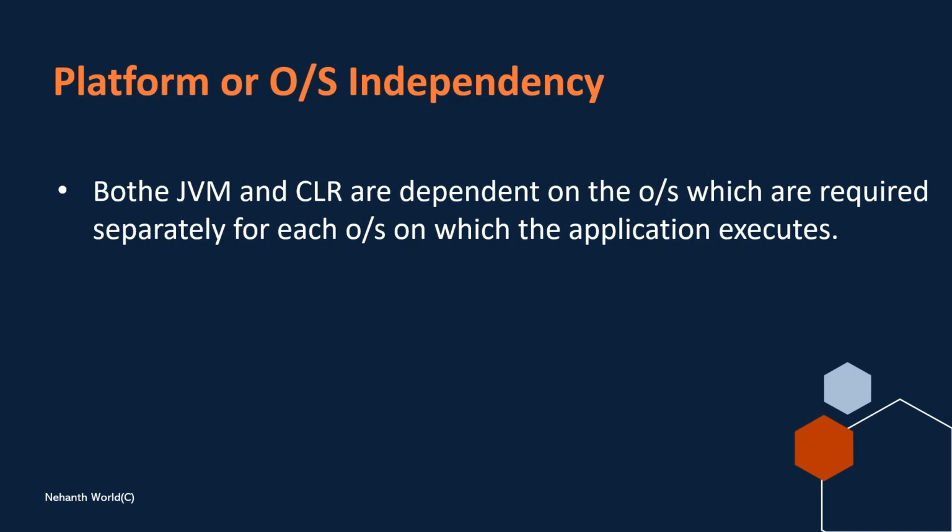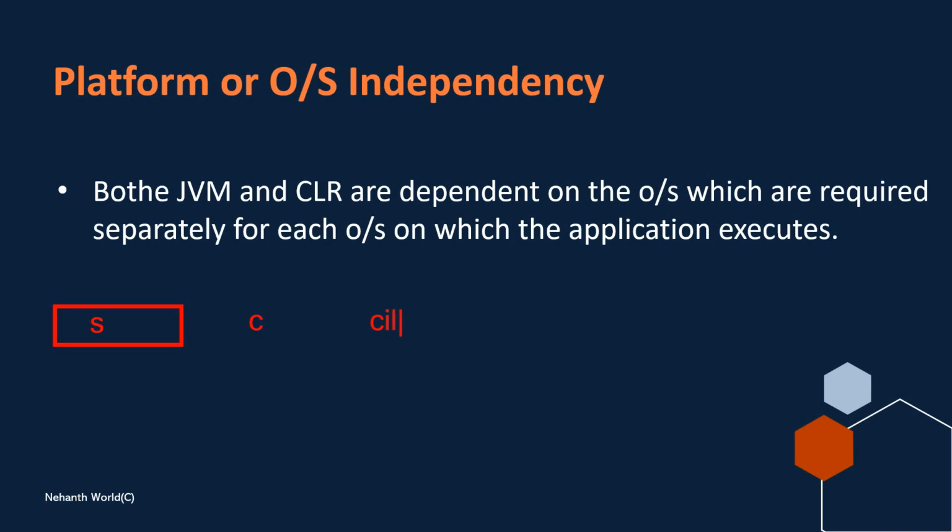So that means when there is a .NET source code or Java source code, when we compile it, it will generate CIL code.